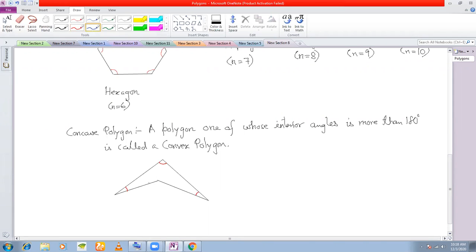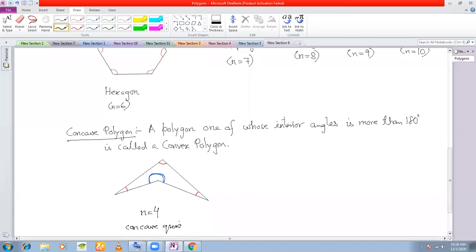But if you see this angle, it is greater than 180 degrees. This is an interior angle and it is greater than 180 degrees. Therefore, this makes it a concave polygon. And what kind of a concave polygon is it? How many sides are there? This is a quadrilateral. This is a concave quadrilateral.